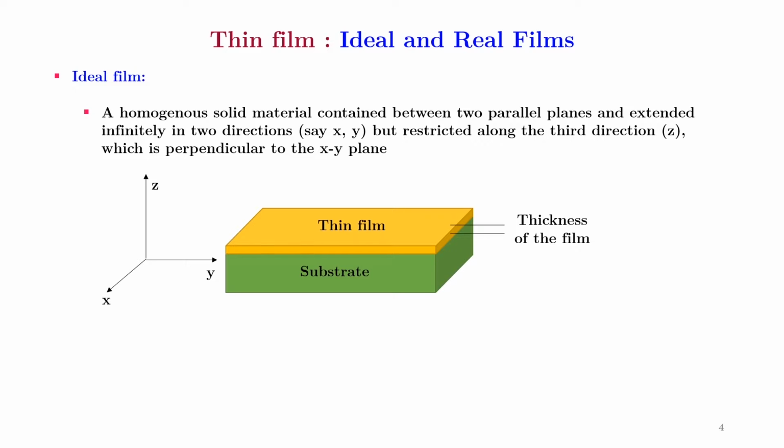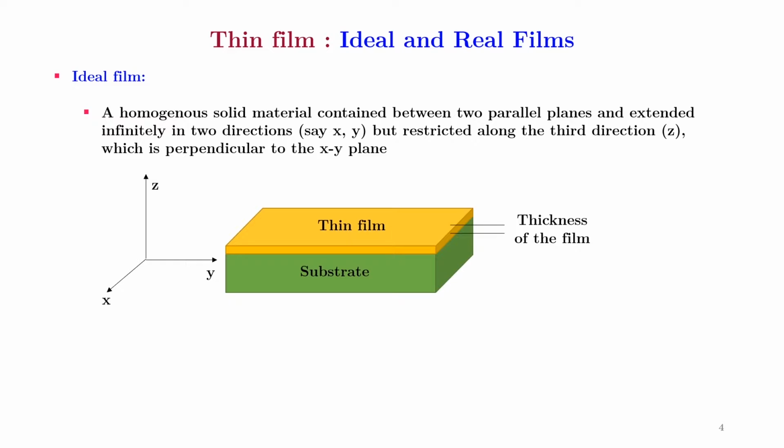An ideal film is a homogeneous solid material that is contained between two parallel planes and extended infinitely in two directions. For example, in this figure, the film is shown to be infinitely extended along x and y directions. But the dimension of the thin film is restricted along a third direction.